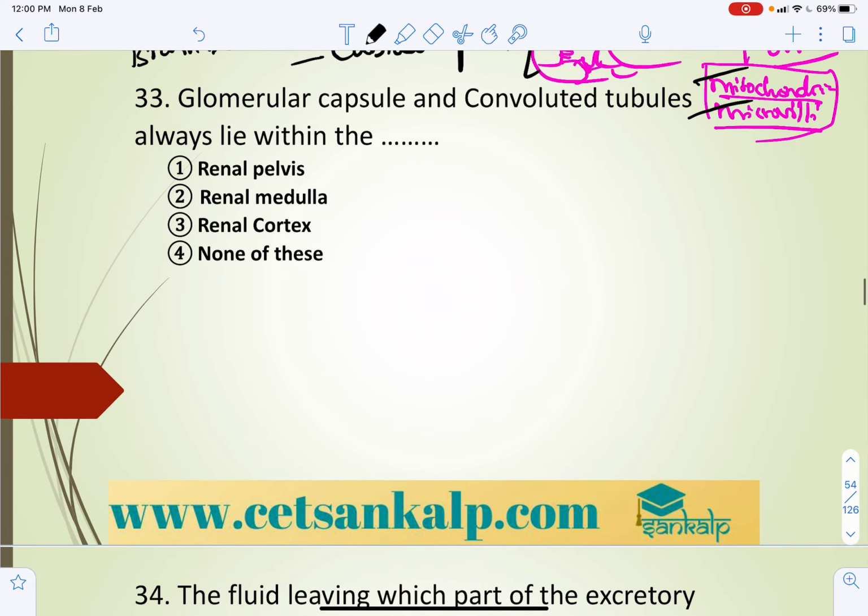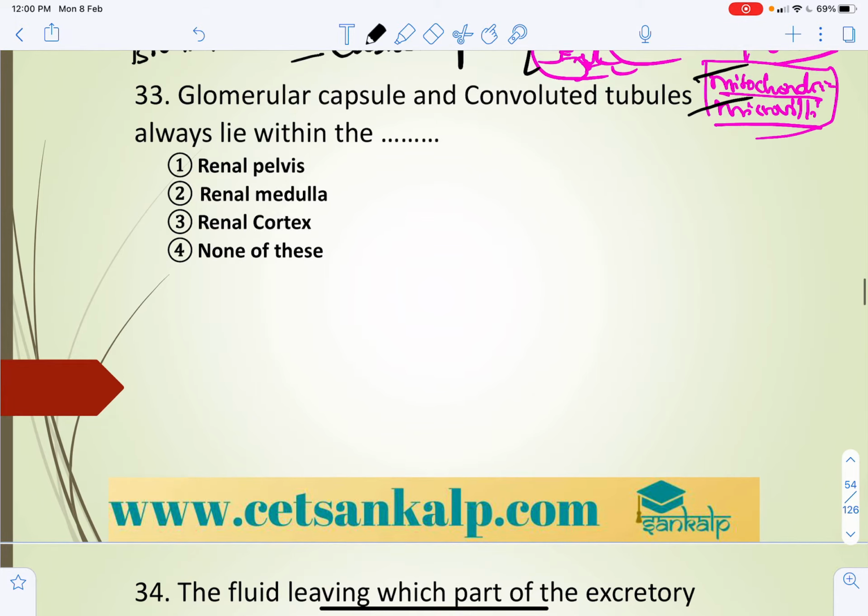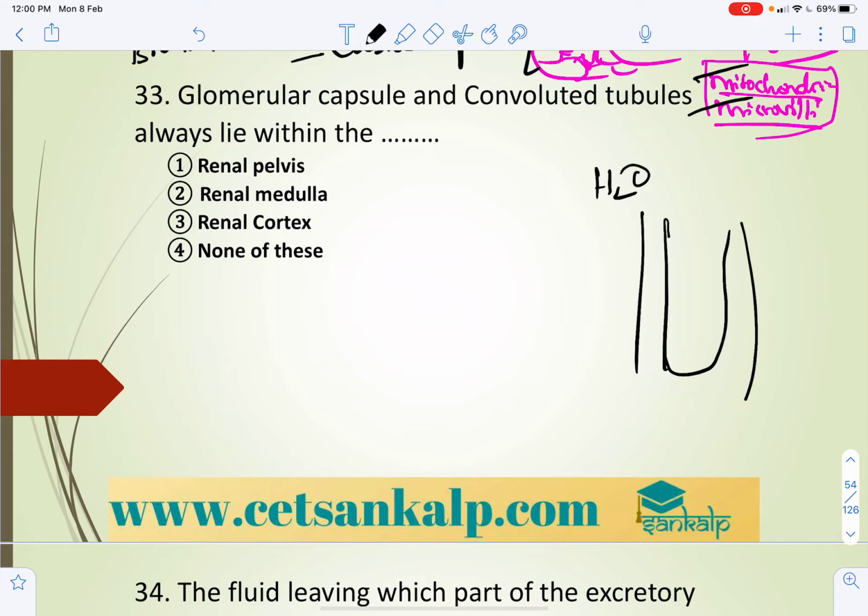Next, glomerular capsule. Whenever we want to say this, the structure of the nephron lining is also generally important. Where both active and passive transport happen largely, only there can we see this brush border appearance. In the Henle's loop, only water and electrolyte permeability will be there, so we can't say the brush border epithelium is present.